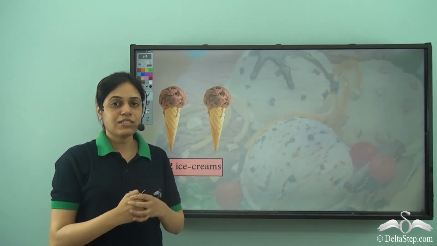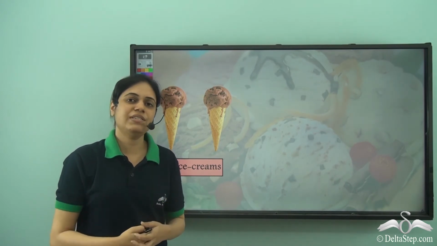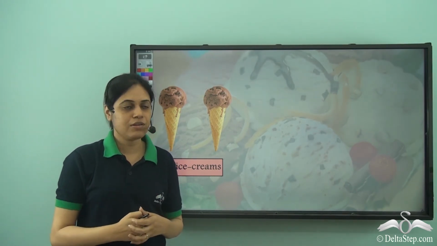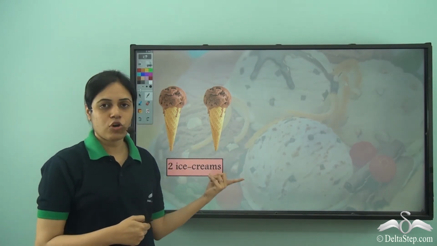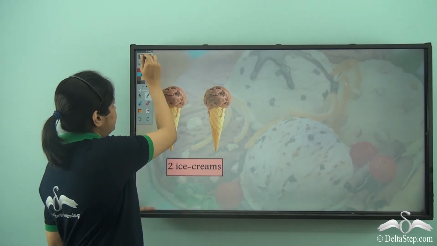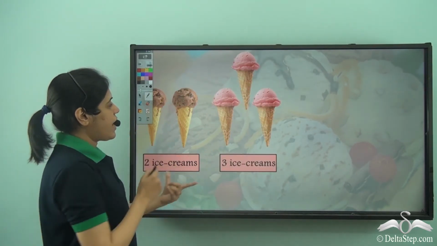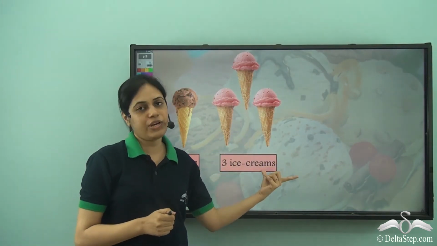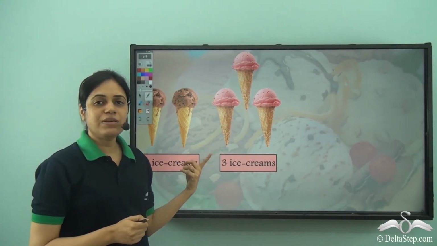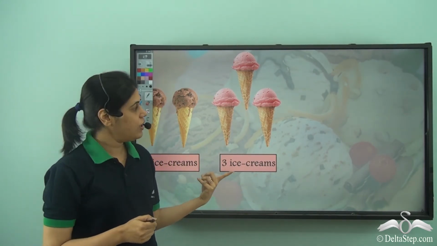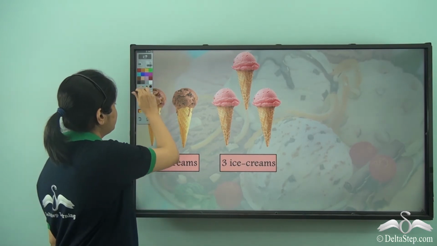Now the baby duck's friends got some more sweets and gifts for the baby duck. So one of the friends got 2 chocolate ice creams and 3 strawberry ice creams. Yummy. So how many ice creams do they have now in all? Let's count.